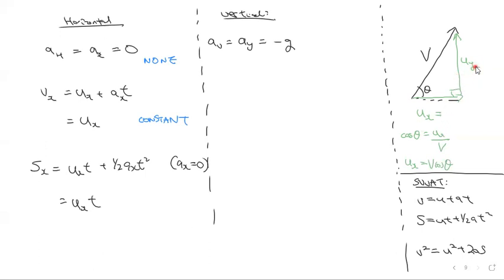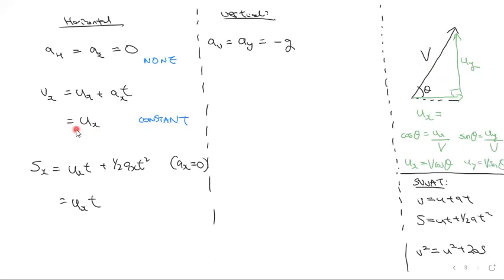What trig ratio might we use for uy? Sine theta. Yeah, because sine is opposite over hypotenuse. So if you use sine, we'll have opposite, which is uy, over the hypotenuse, which is v. And so we'll have uy over v, which means your uy equals v sine theta.